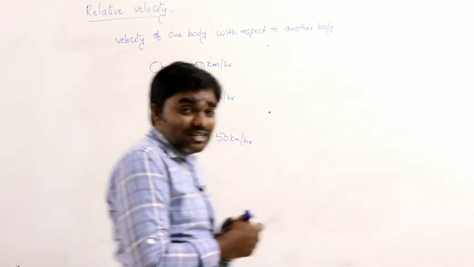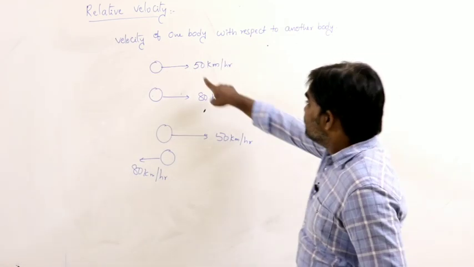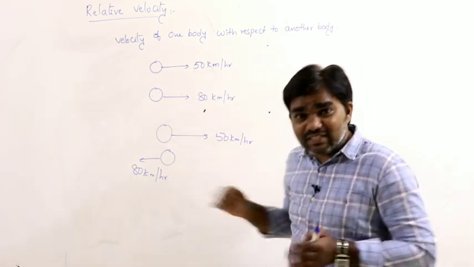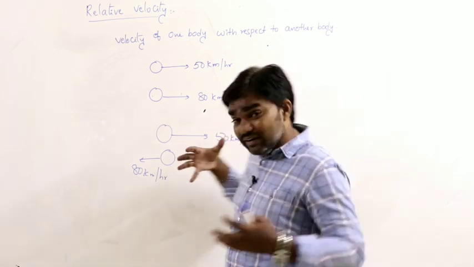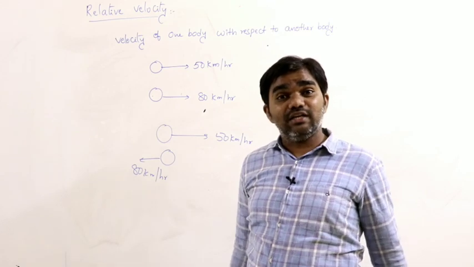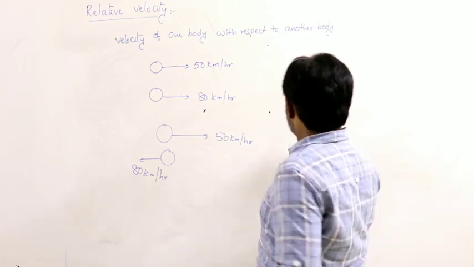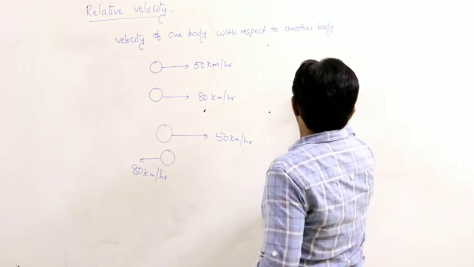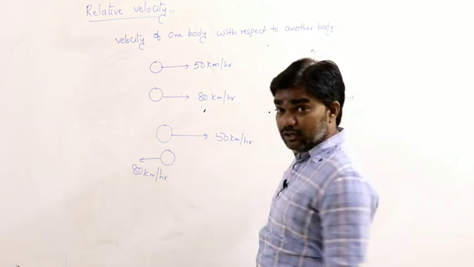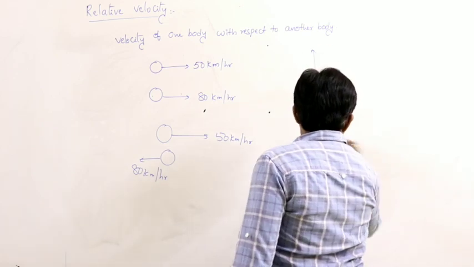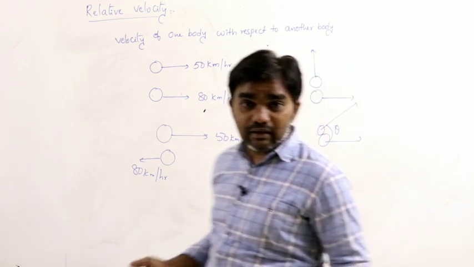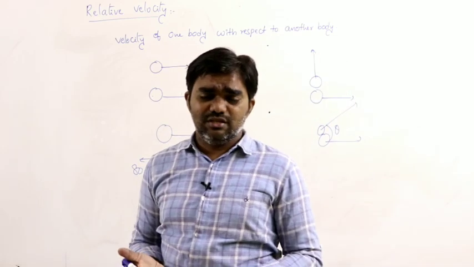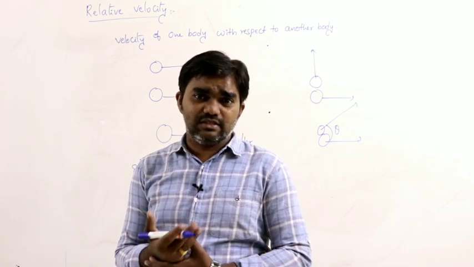What is the relative velocity in these situations? If both are traveling in the same direction, how can you calculate relative velocity? If both are traveling in opposite directions, what is the relative velocity? If both are traveling in perpendicular directions, how can you calculate relative velocity? And if two bodies are traveling at a certain angle, how can you calculate relative velocity? In different situations, how can you calculate relative velocities?